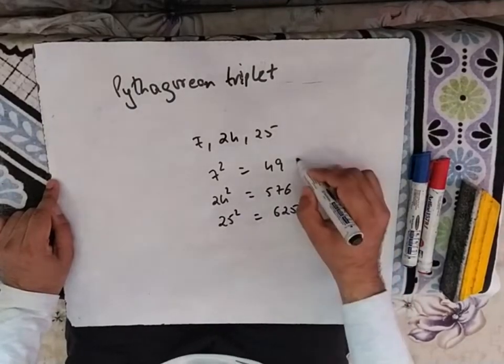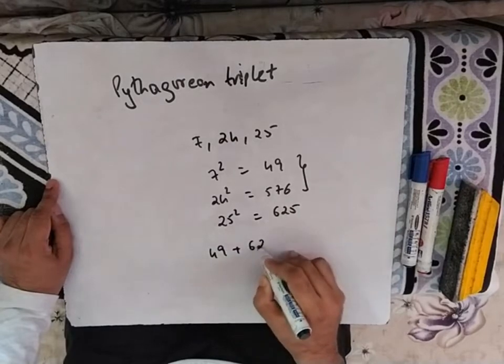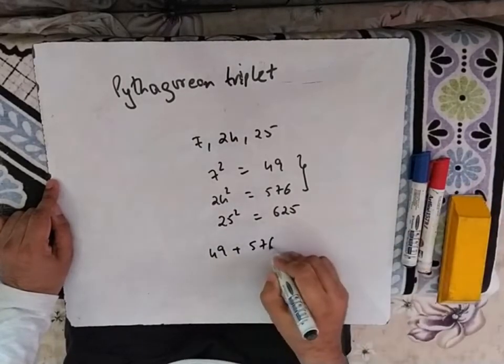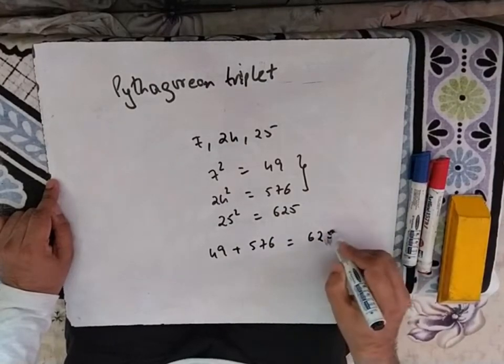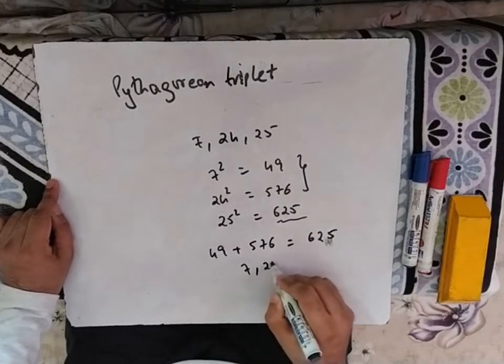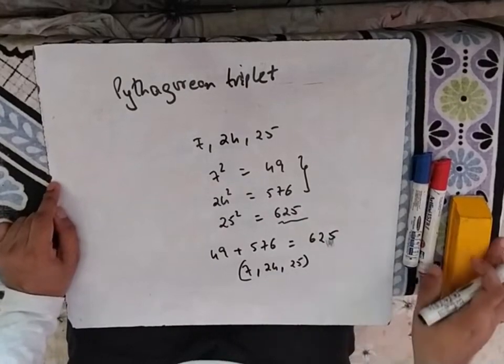Now what we will do is add the two smaller numbers. 49 plus 576 is equal to 625, which is equal to the third number square. That's why 7, 24, 25 will be called as a Pythagorean triplet.